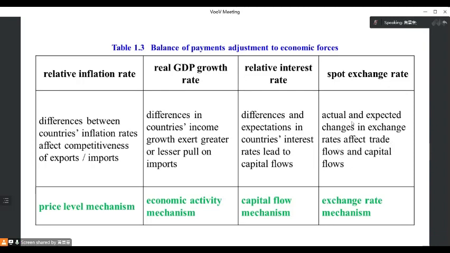What's the meaning of this explanation? Spot exchange rate means the current exchange rate.